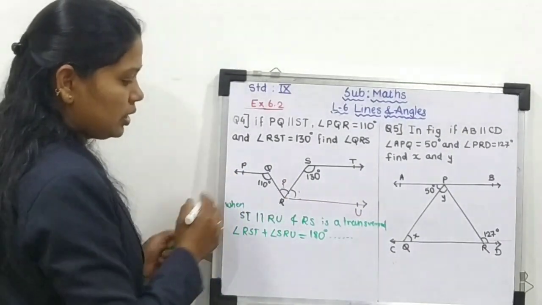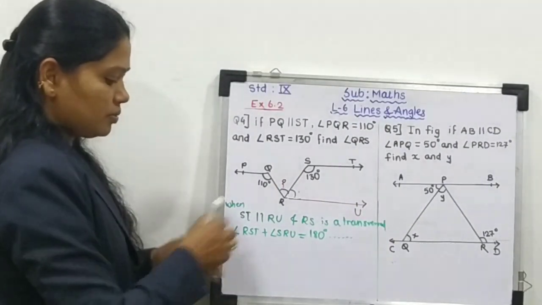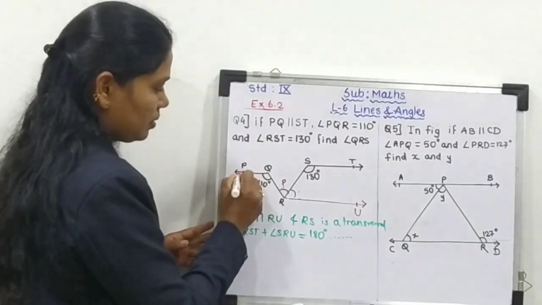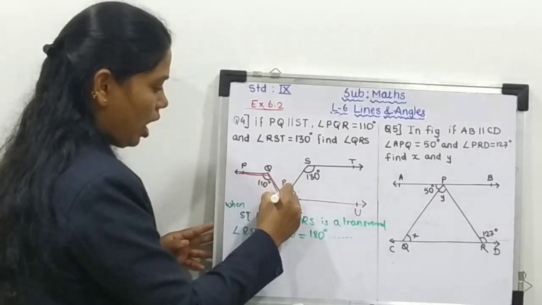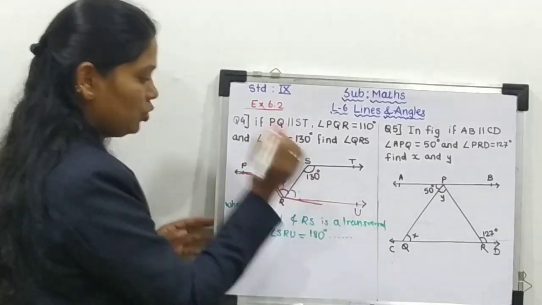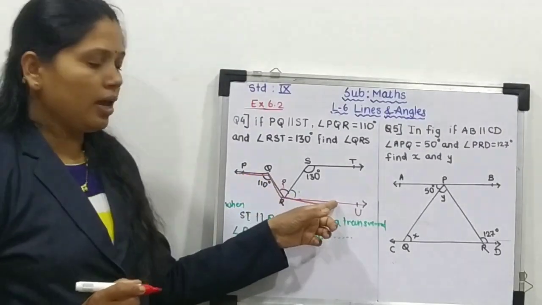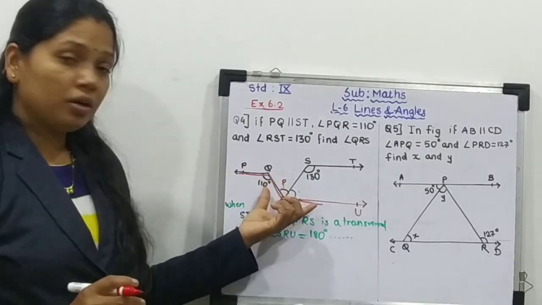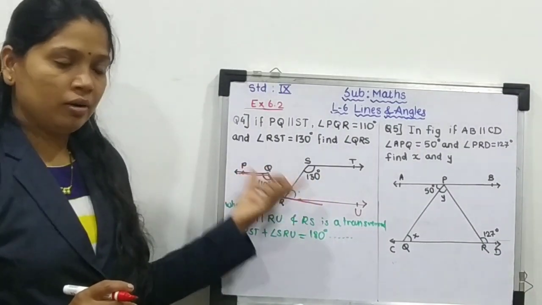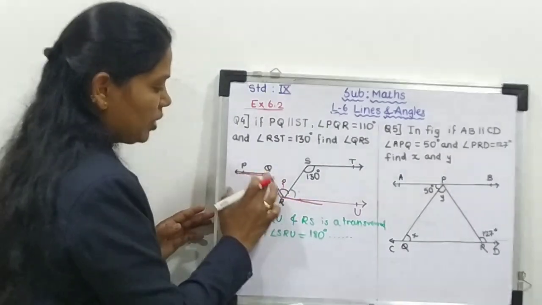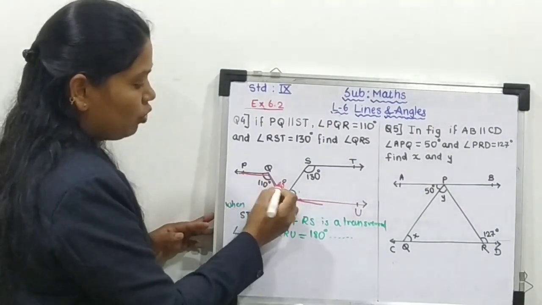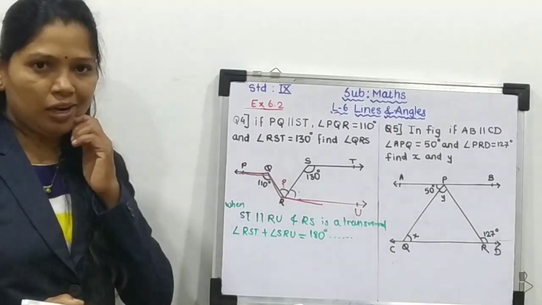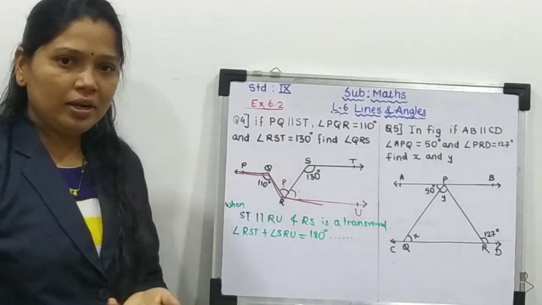Now see the relation here. This PQR and U, right? What kind of angles are these? These are alternate angles. So if PQR is 110, then what about this whole angle? It will also be 110, right?